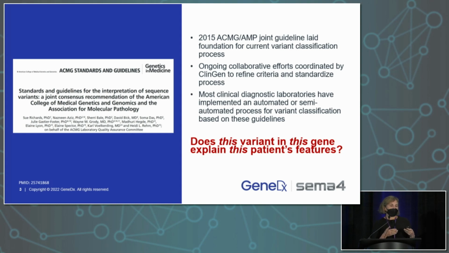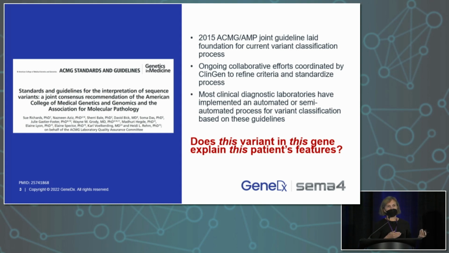Laboratories all use a pretty consistent standard that's based on an initial publication from 2015 from the American College of Medical Genetics and the Association for Molecular Pathology. These two groups came together and said, we're really starting to do a lot more testing. Before, it used to be just for single genes.